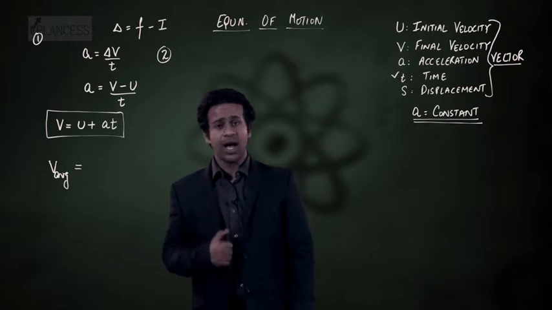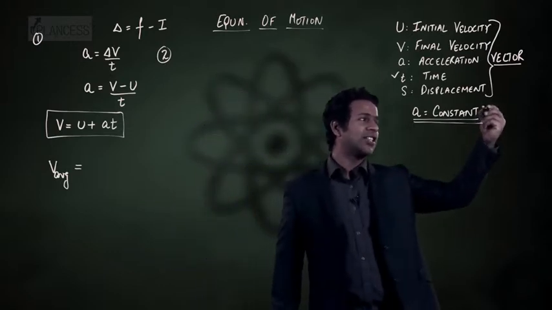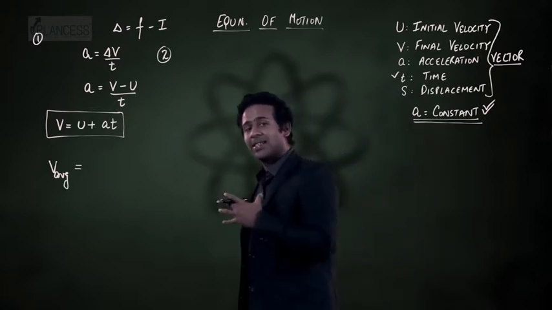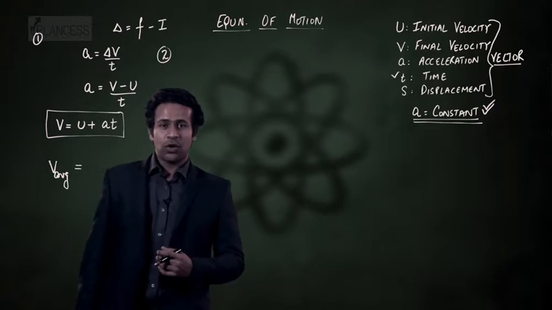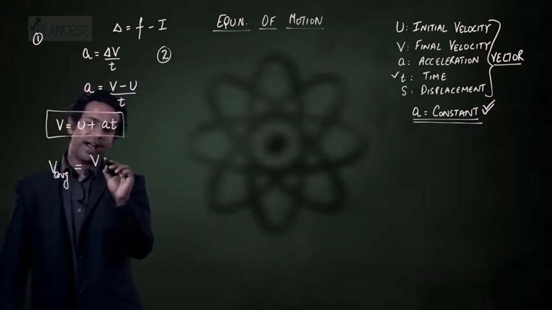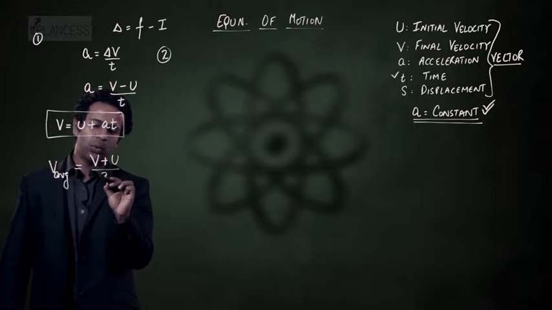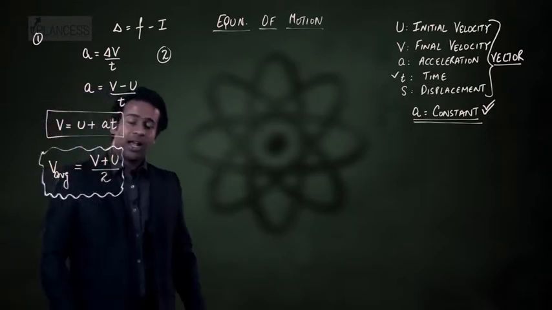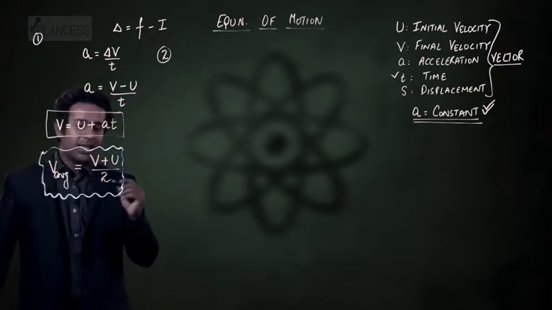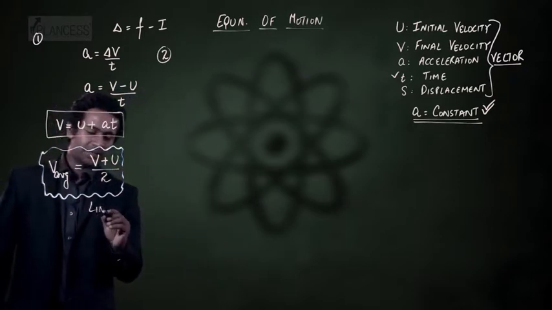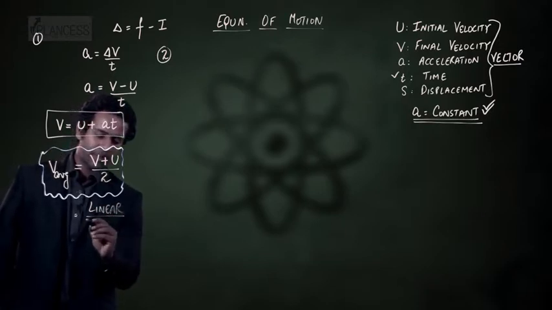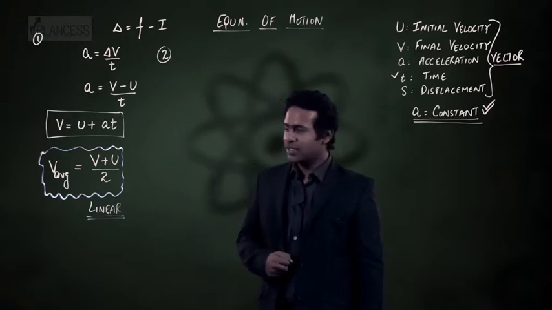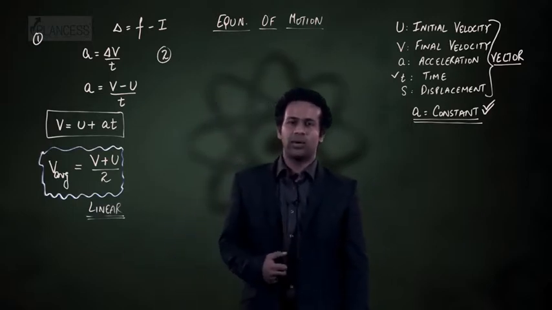Now, whenever acceleration is constant, and that is why this assumption is critical, the average velocity is simply equal to the final plus initial by 2. I'm not going to prove this. I'll only drop you a hint: think about linear functions once you've studied them in mathematics. We will also discuss this while we are talking about graphs.